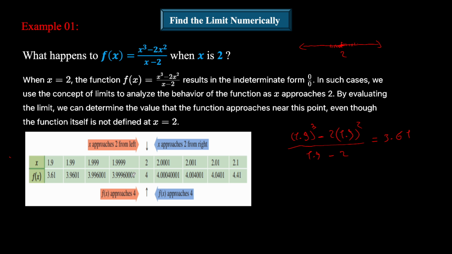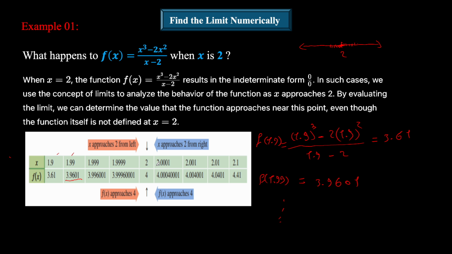3.61. Okay, so we do the same. When we plug in this value, 1.99, we will get f of x. So f of 1.99 is equal to, if we plug it into the function, we will see that we will get 3.9601, and so on.